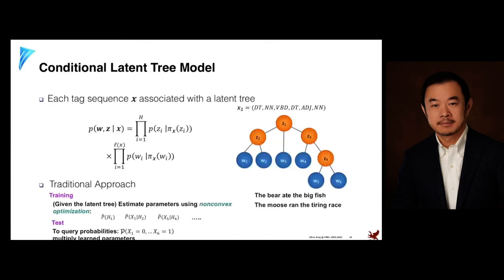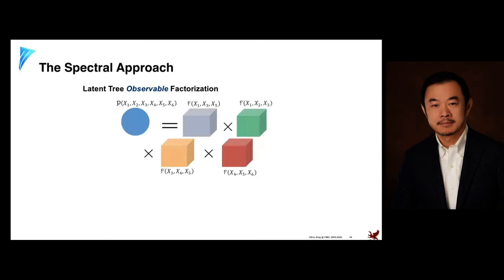Well, we can see that traditionally, you write down a latent variable model like this, right? And then you train it using an EM algorithm, and then you plug in the observations, and then compute. But in a spectral approach, it's dramatically different from that. What you do is to come up with the right matrix factorization. This is a 5 variable matrix, a 6 variable matrix.